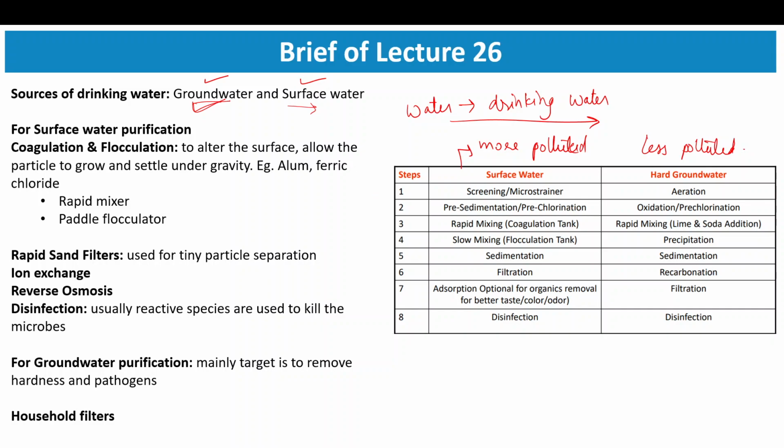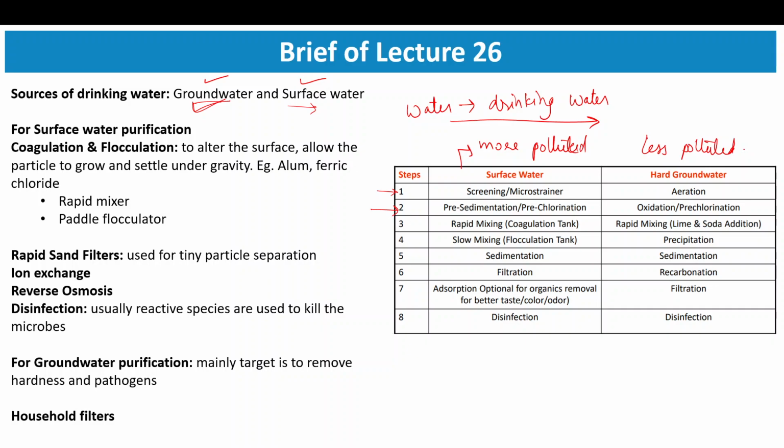Now, surface water can have plastics also, it can have solid pollutants in the form of plastic bottles, flowers or any such thing. So in that case, you need a screen for their removal.